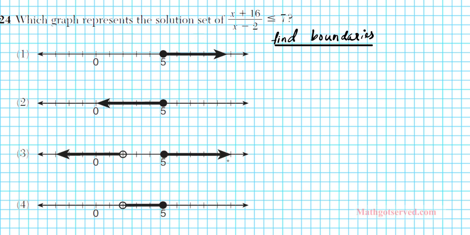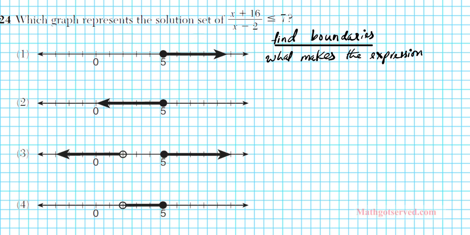All right, so actually one of the boundaries is 2 and 5. I made a mistake, 2 and 5. So what makes the expression undefined? What makes the expression undefined is what makes the denominator 0.